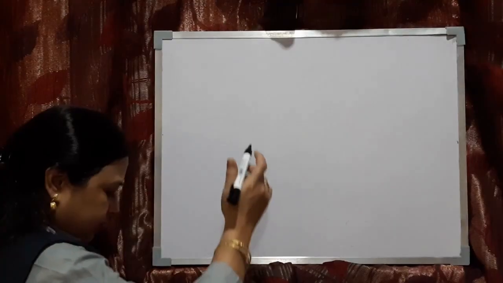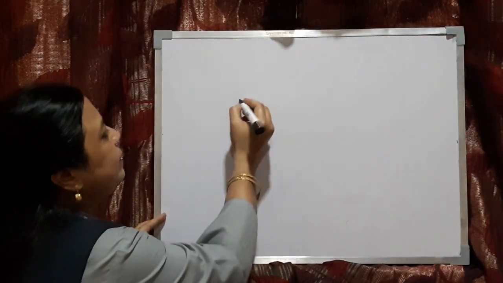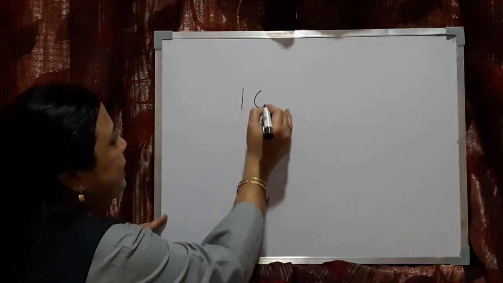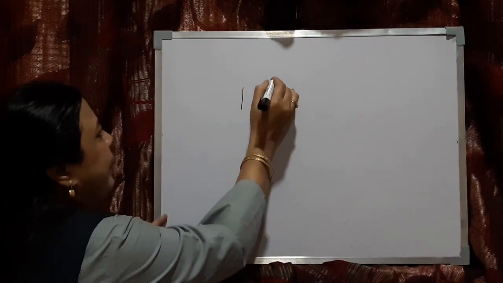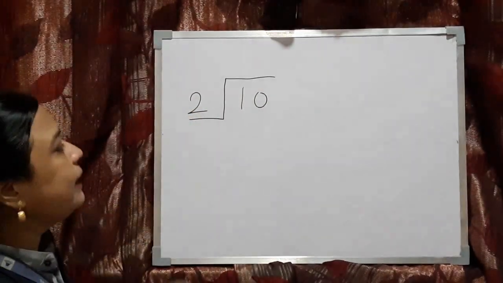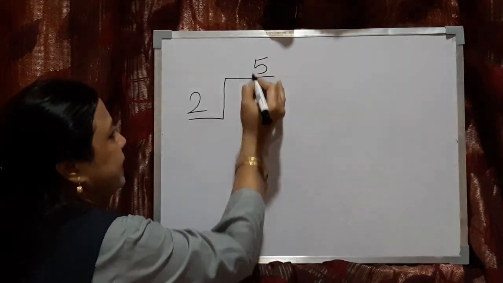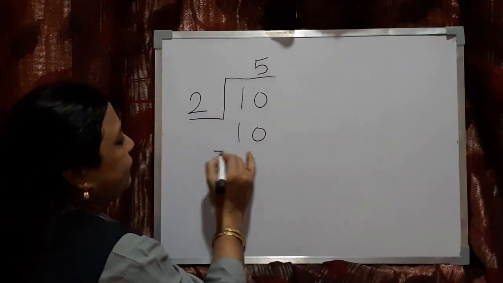See, the product, as I had shown you in the previous sum, that suppose, just for the example, 10 is given, and we are dividing it by 2. So what will be the answer here? 2 5s is 10, right?